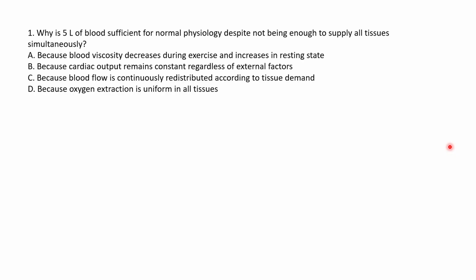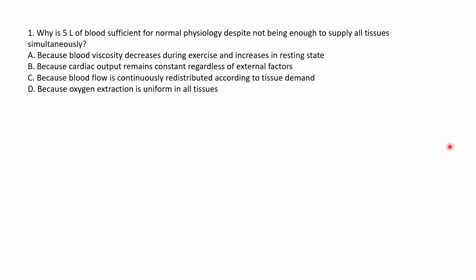One way or another, the body has a very, very clever and incredible way of prioritizing what is important at a particular time. So, in a fight or flight reflex, when you're in a situation that demands that you run away because it's dangerous and you got to get out of there, then your blood flow is redistributed based on which tissue demands it at that time. And at that time, if you're running, your blood has to go to your calf muscles, it has to go to your thigh muscles, it's got to go to your heart.